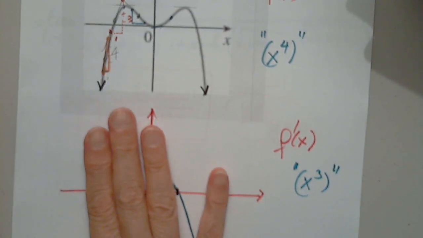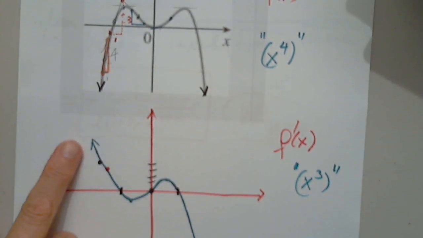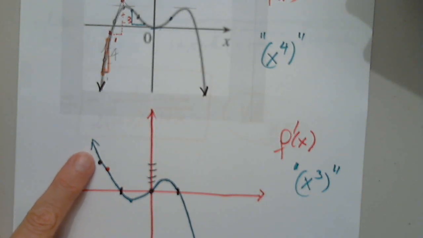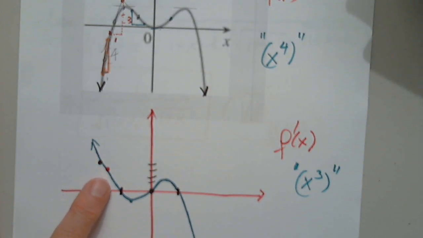Again, what does this say? It says that the slope is positive, but it gets closer and closer to 0. The slope becomes negative, large negative, so to speak, and then smaller and smaller and gets closer and closer to 0.